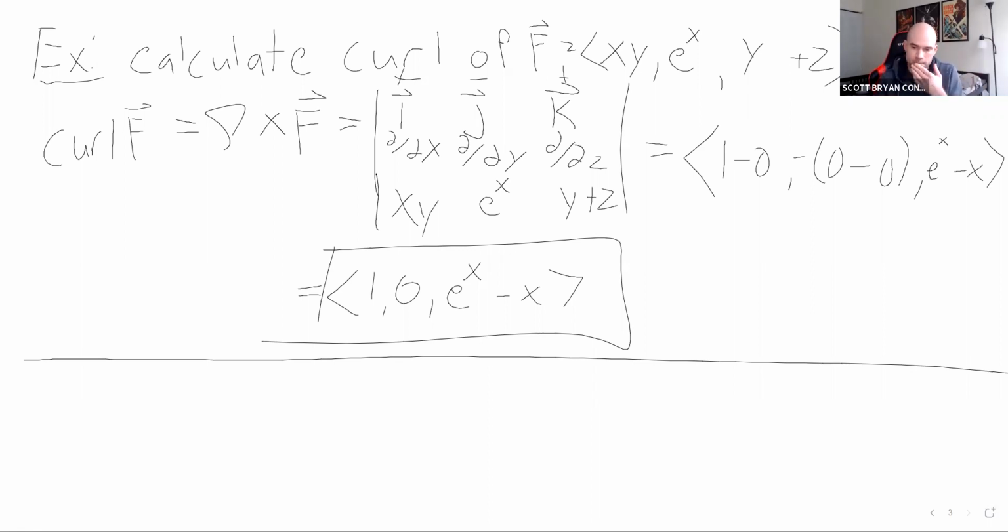But if you think of your vector field as giving the fluid velocity, you have a flowing fluid.